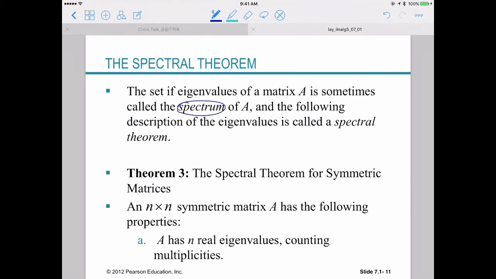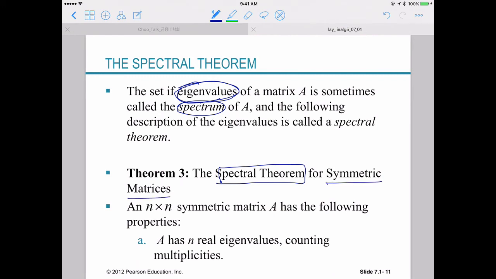The spectrum is actually the eigenvalues. Eigenvalues are just called by another name, spectrum, and we will see why in later slides. But at least we can see that the spectrum is talking about some aspect of your eigenvalues and eigenvectors. And so we have a special theorem called the spectral theorem for symmetric matrices.